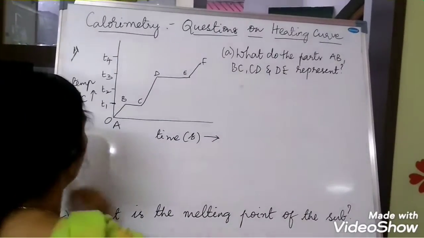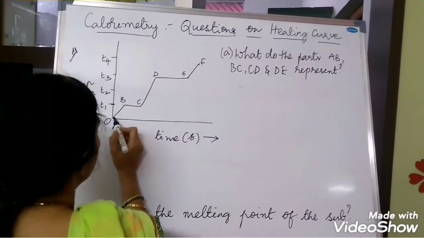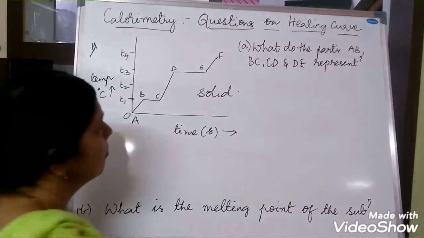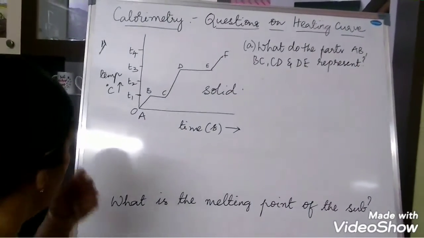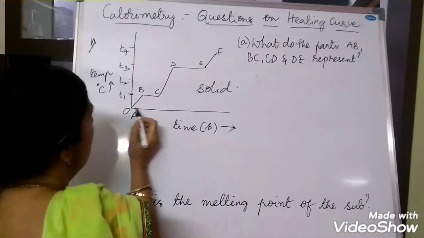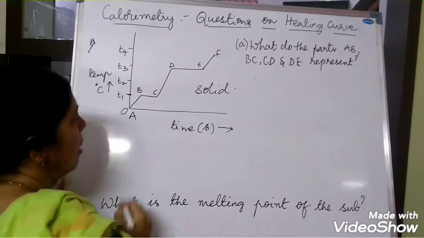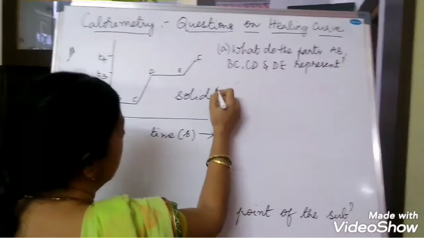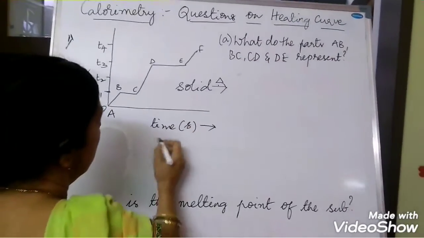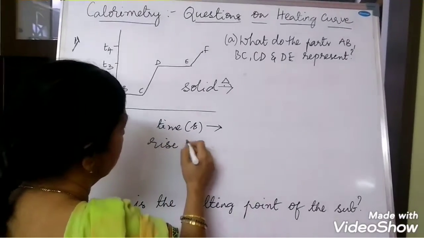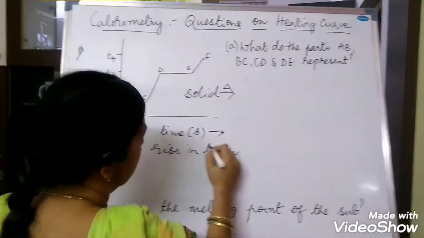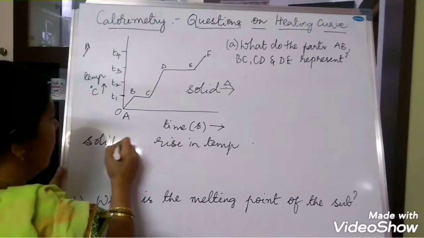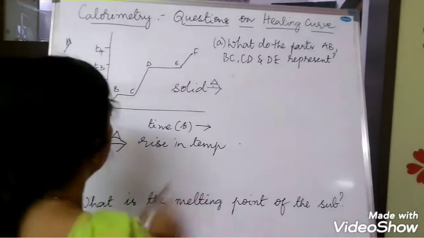Now if you observe this graph, the substance is a solid and when it is heated, the temperature is 0 and the time is also 0 seconds. Now, whenever you heat a solid, what happens? A solid, when heated, first there will be rise in temperature of the solid.